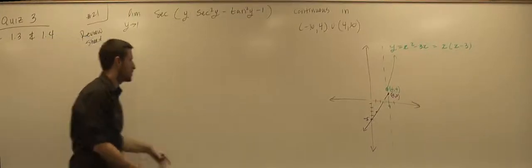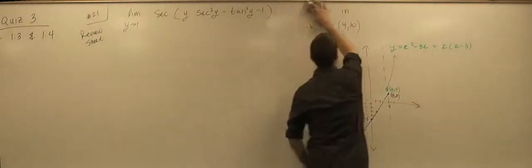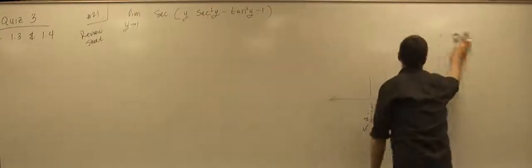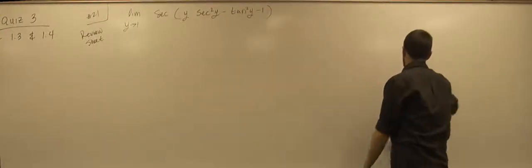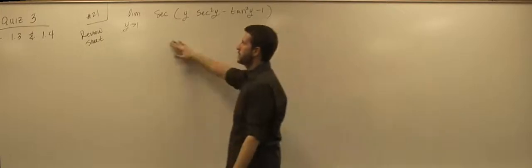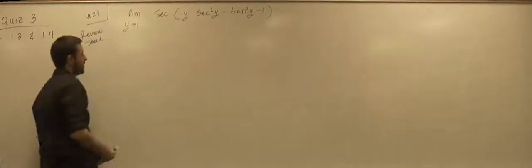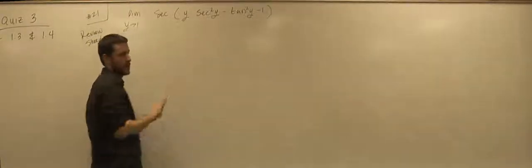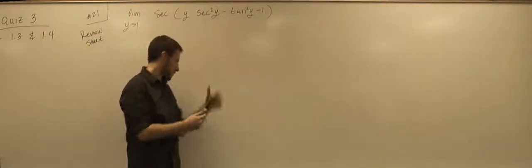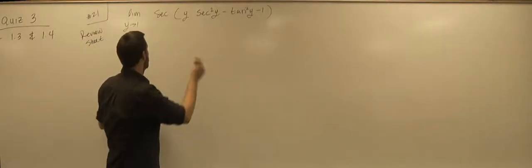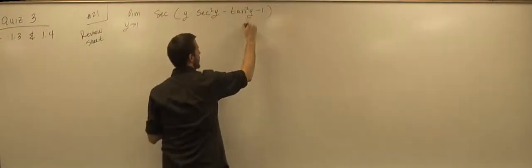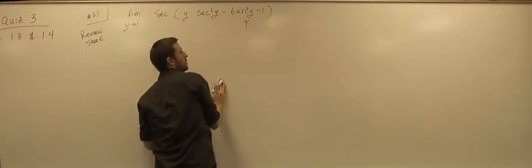So the way you're supposed to approach this is to just plug in the limit, because there's no problems. I don't ever get undefined if I plug in 1 everywhere. Right? Like, for example, where would tangent have a problem? Pi over 2.